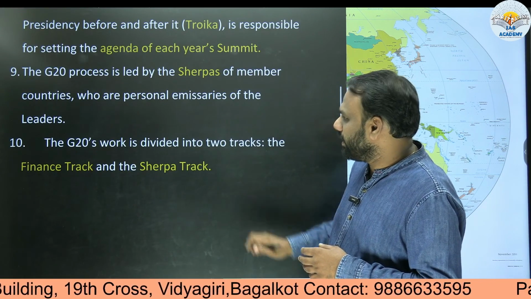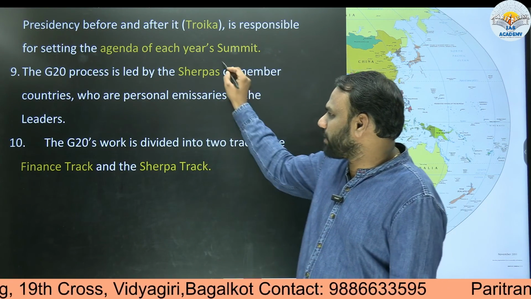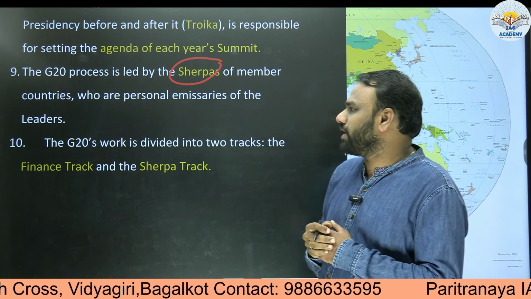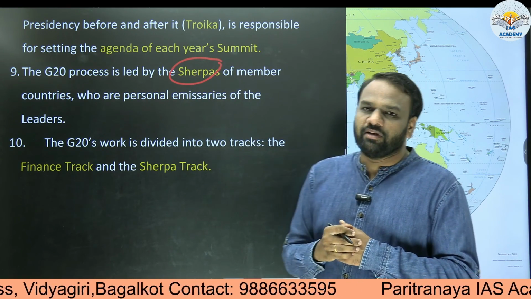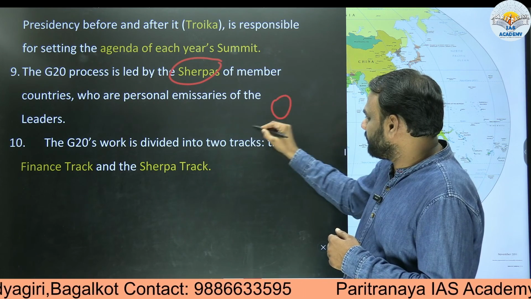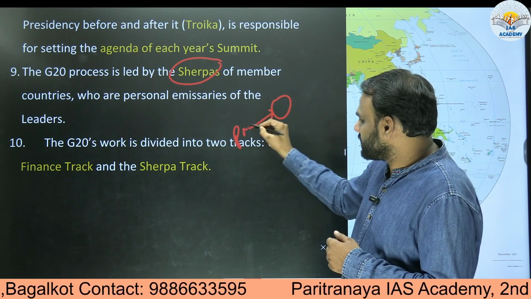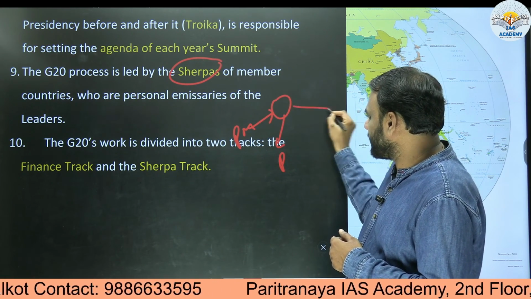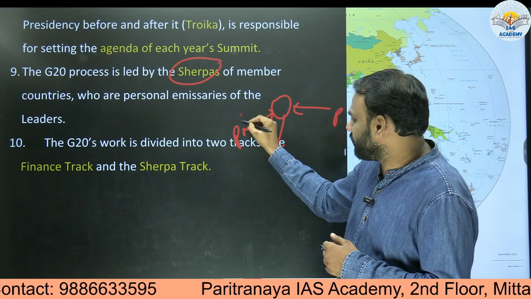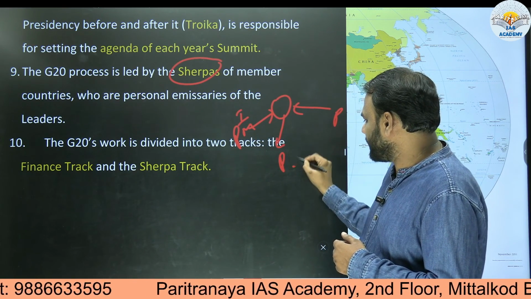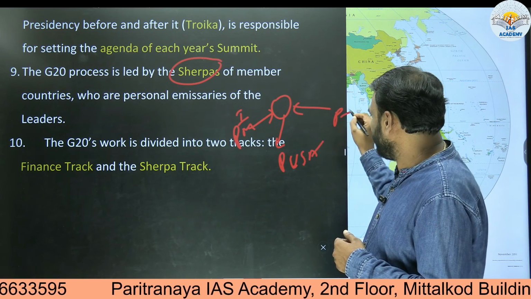Next, the G20 process is led by Sherpas of member countries, who are personal emissaries of the leaders. Now we know that in the G20 summit, prime ministers and presidents of various countries will be represented. Let us assume the prime minister of India, next the president of USA, next the president of Russia.